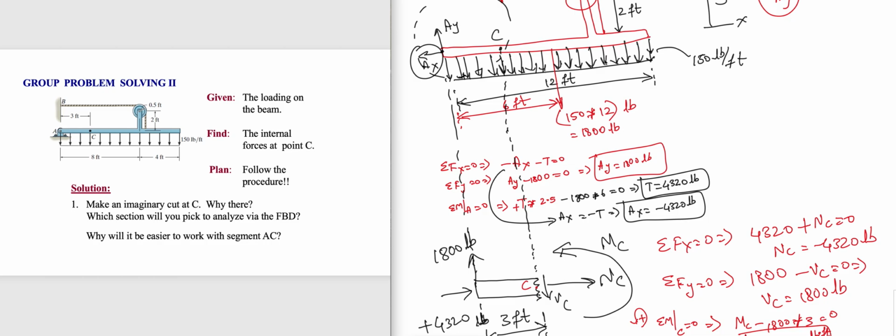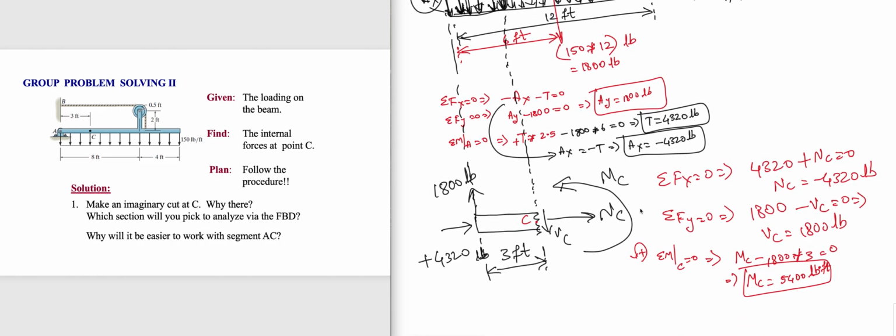Even if you take slightly to the left of C or slightly to the right of C, we have this distributed load between A and C, isn't it? Yeah, we do. And did I draw that in the free body diagram here? No, I didn't draw it. So we have to draw that. There is no effect on sigma Fx because the distributed load is in the y direction. So we have to rework the problem from y.